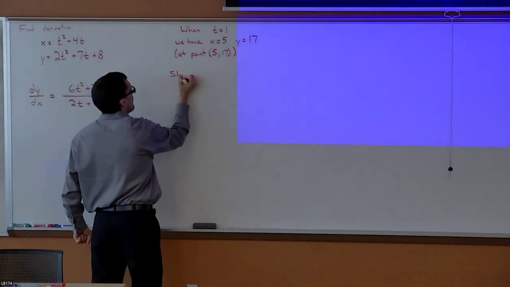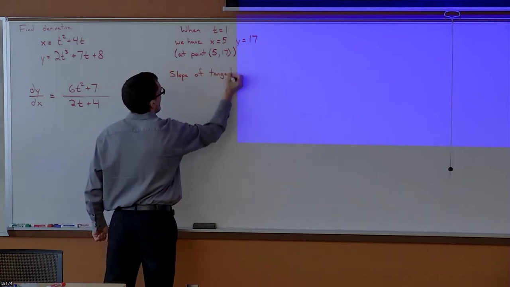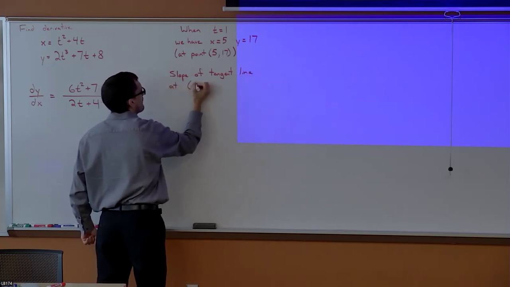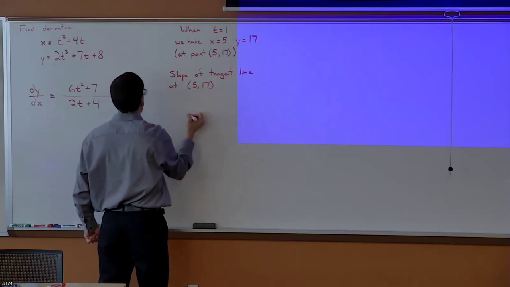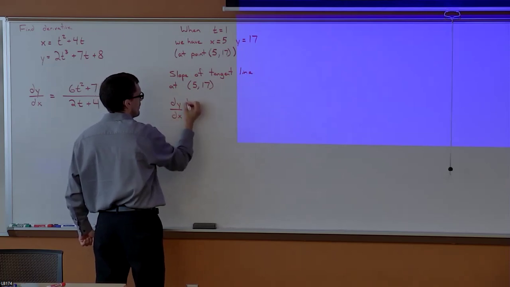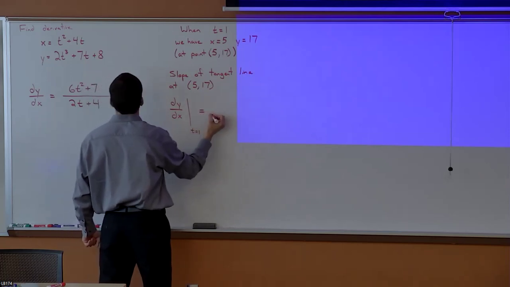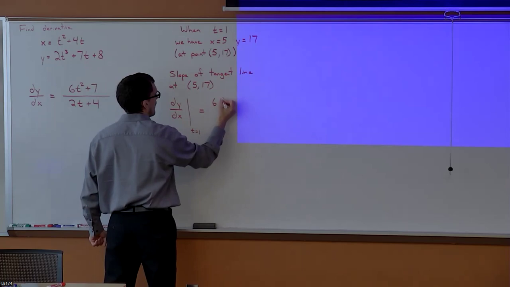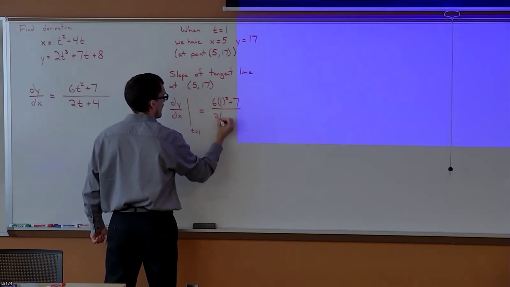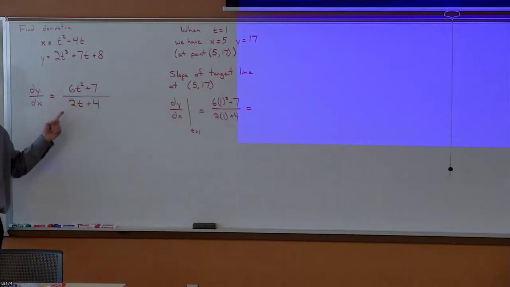The slope of the tangent line at the point (5, 17) is what you get when you plug in a t of 1 into that derivative function.